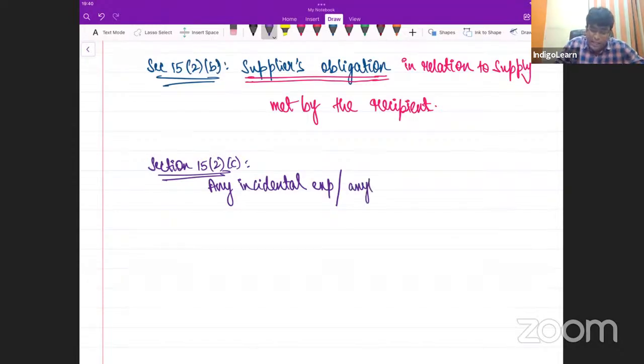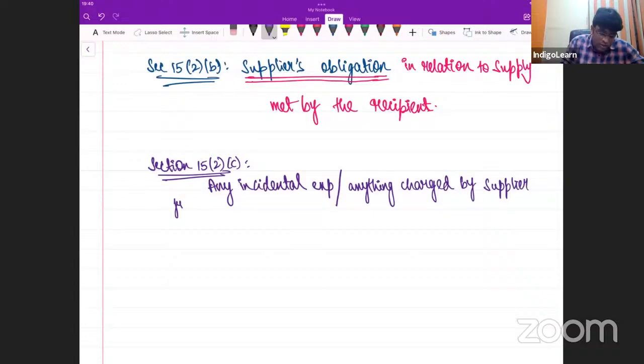Any incidental expenses or anything charged by the supplier from the recipient is included. So 3 points done. 2 more points are there.